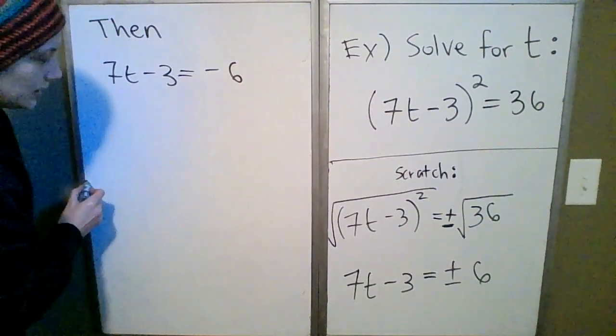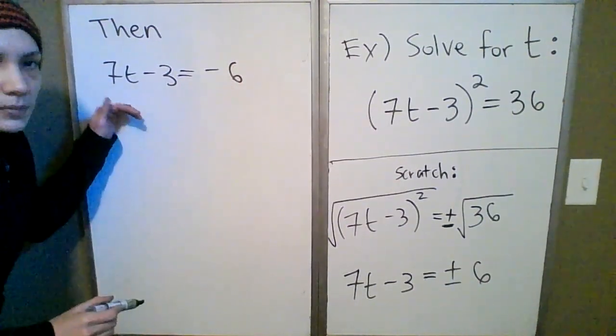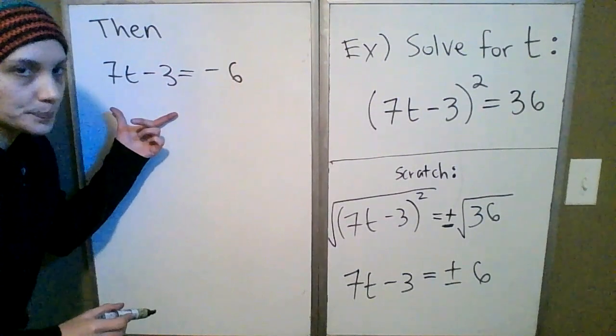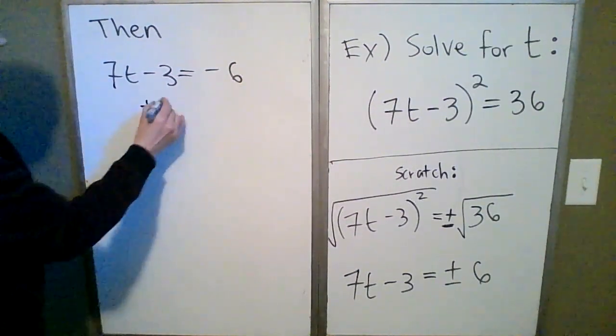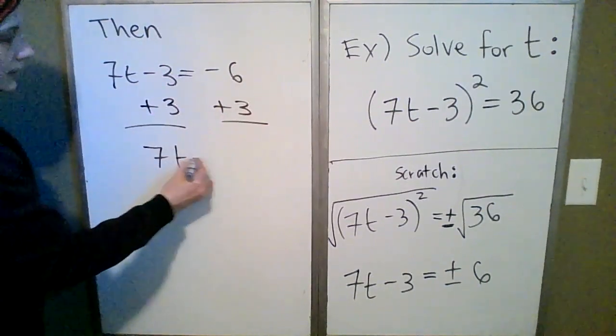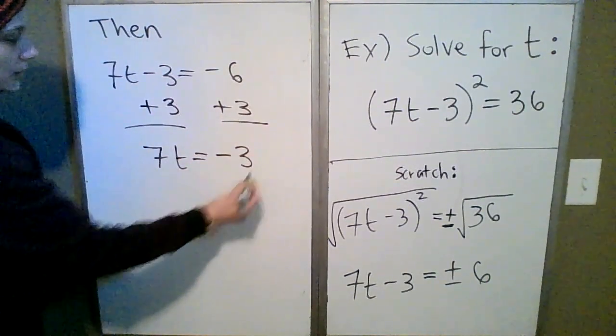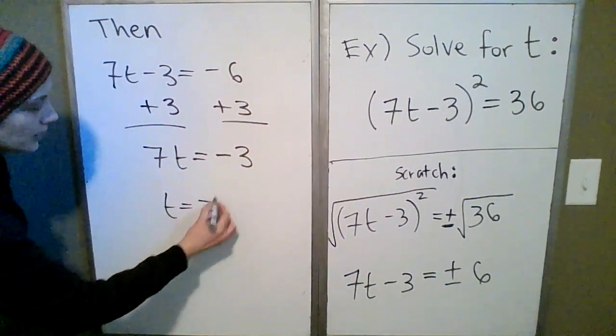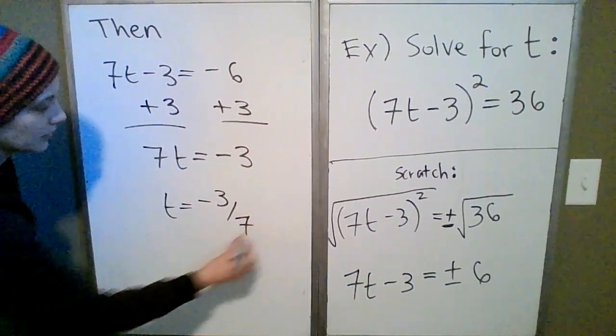Okay, solve for t. We have 7t equal to negative 3. Means t would be equal to negative 3 divided by 7.